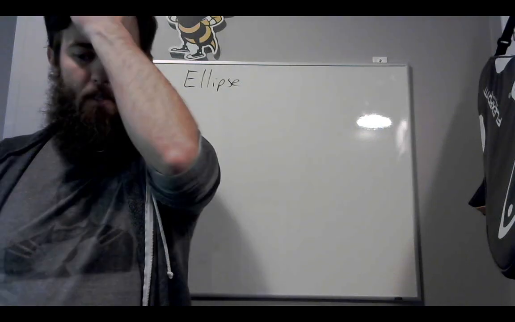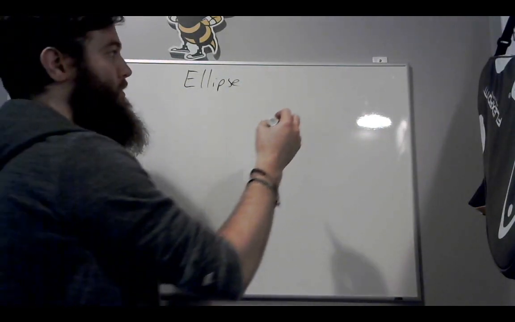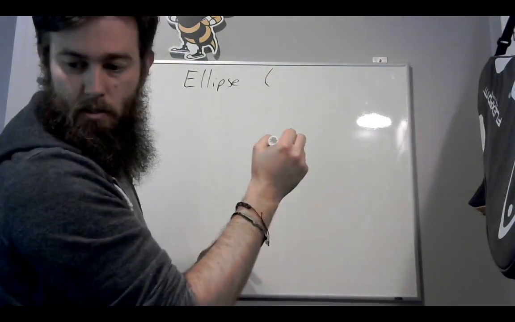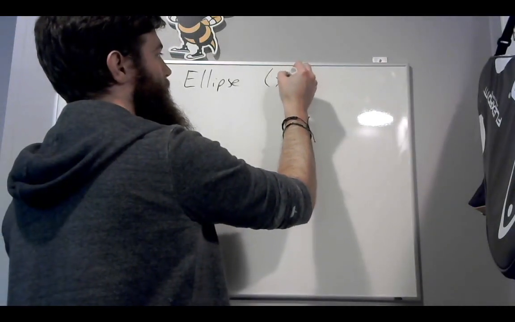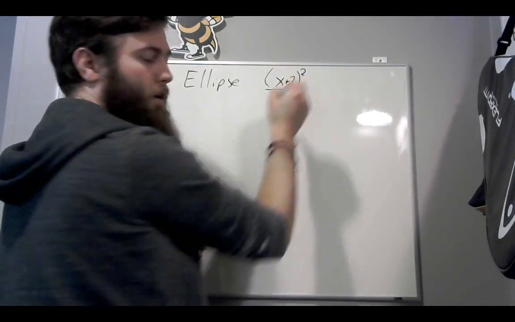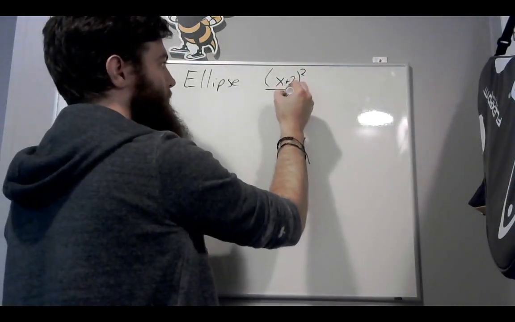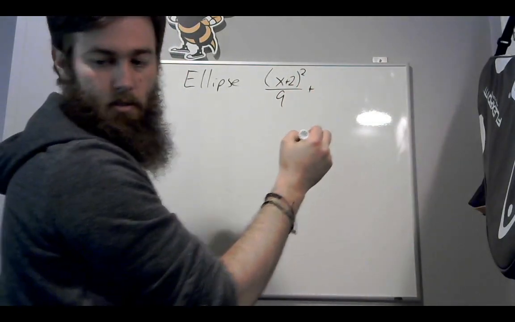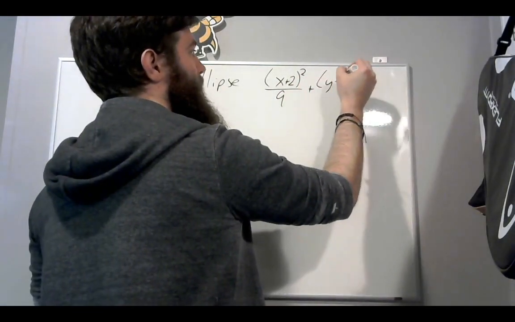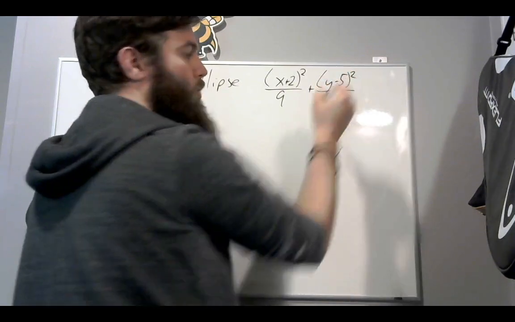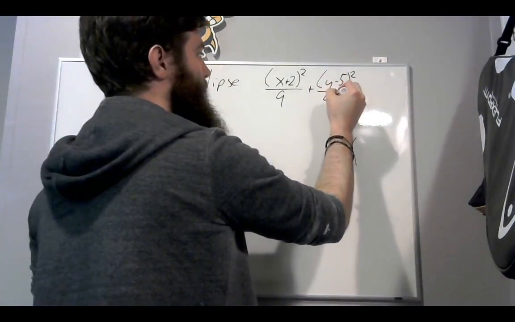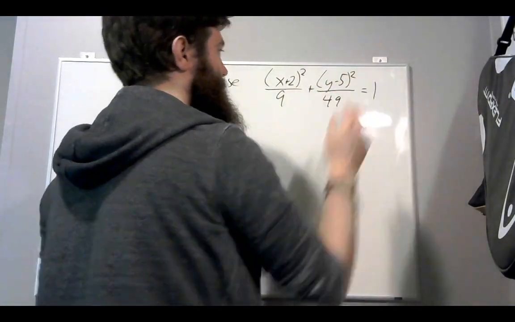Okay, so the example for this one was x plus 2 quantity squared over 9 plus y minus 5 squared over 49 equals 1.